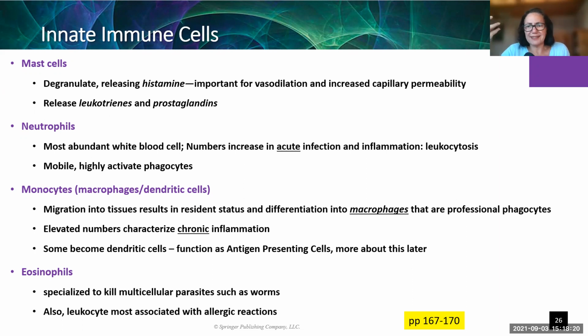Neutrophils will last a day, maybe, and macrophages can last longer than that. They migrate into the tissues. These are the professional phagocytes. In the case of chronic inflammation, you're going to see an increase in the monocyte number. And so that tells you that we're further along in the infection, or further along in the inflammatory process.